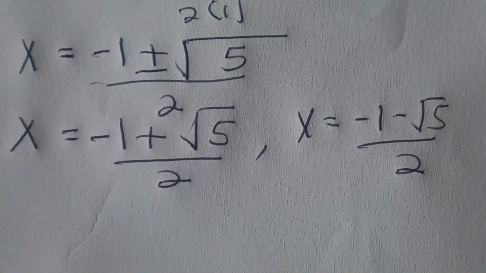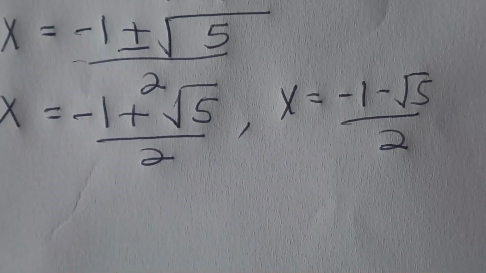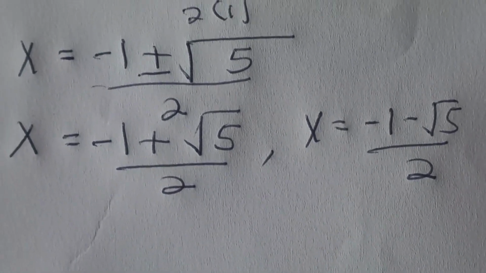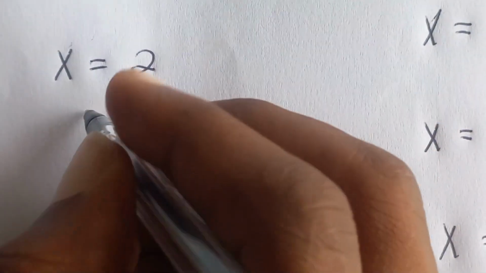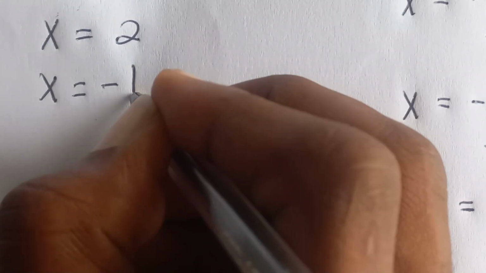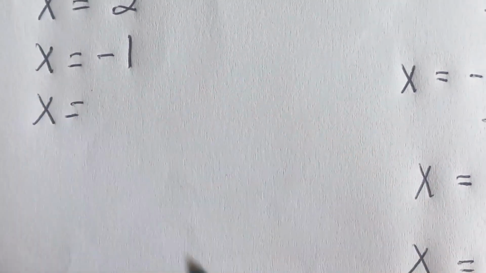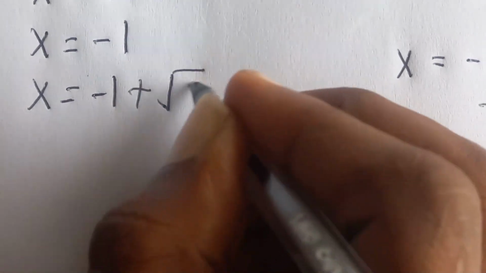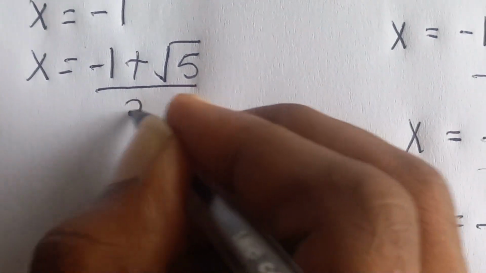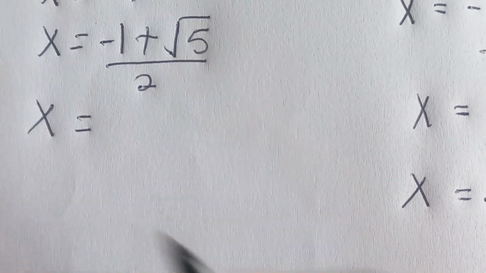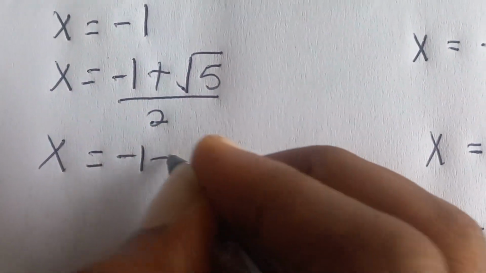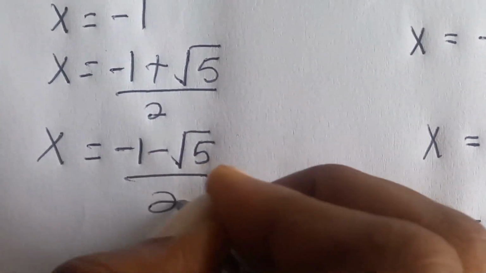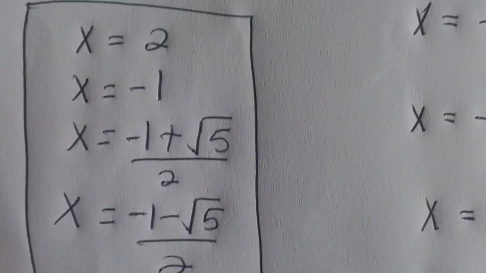Okay, so our answer, or the roots of x for the equation: we have x is equal to -1, we have x is equal to -1 plus square root of 5 all over 2, and then we have x is equal to -1 minus square root of 5 over 2. So these are the solutions or the roots of the equation of x.